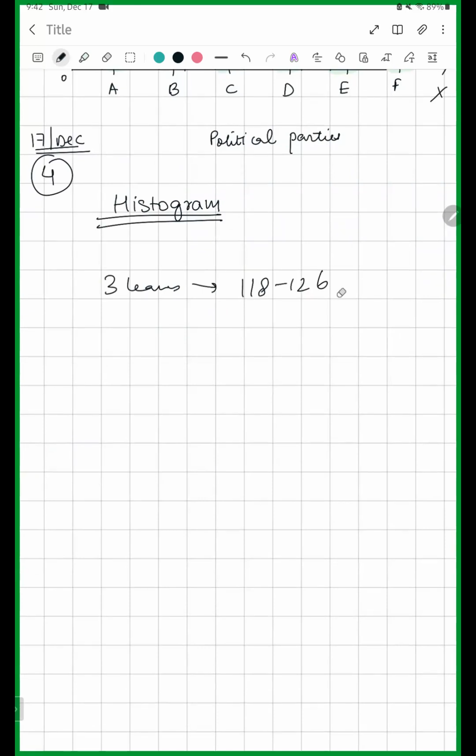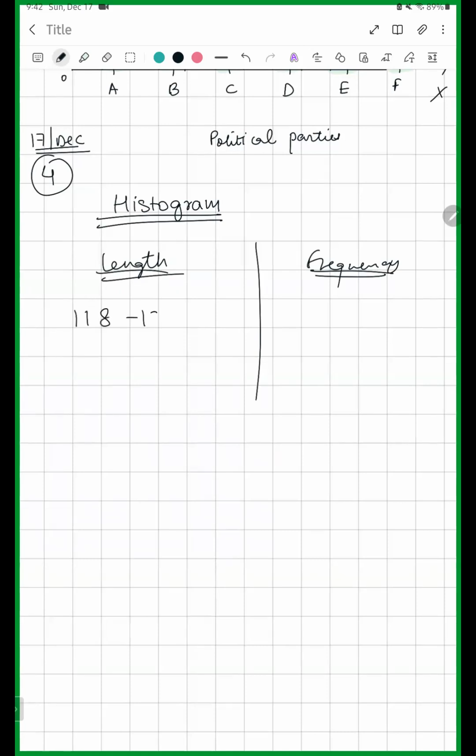Now see, there are two types of data given to us: the length column and the frequency column. There is one thing called continuous class interval and discontinuous class interval. What is a class interval? This thing that is given, 118 to 126 millimeters.